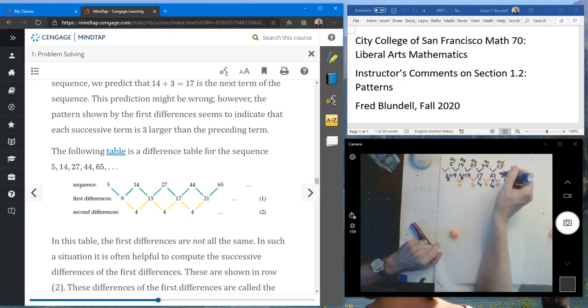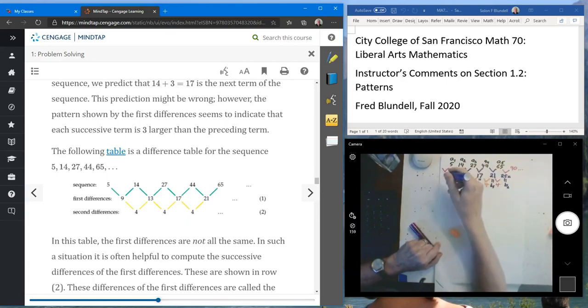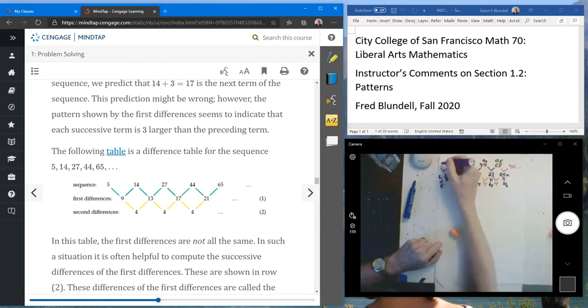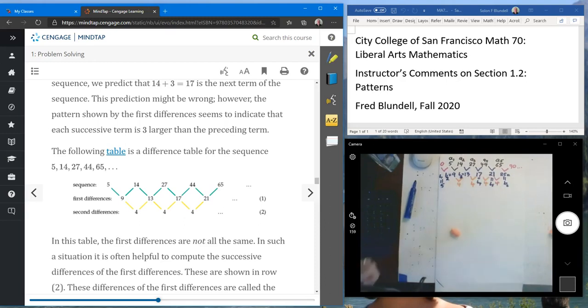Here's 25, subtract 4, 21, subtract 4, subtract 4. So I subtract 4 again. My B1 would be 9 minus 4 is 5. So to get from 5 to the 14, you added 9. To get from whatever's here, you add 5. So that must have been 0. So 0 plus the 5 makes 5, and 5 plus the 9 makes 14, and 14 plus the 13 makes 27, and so it goes.